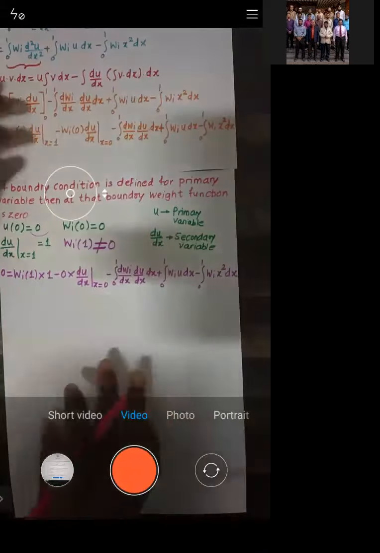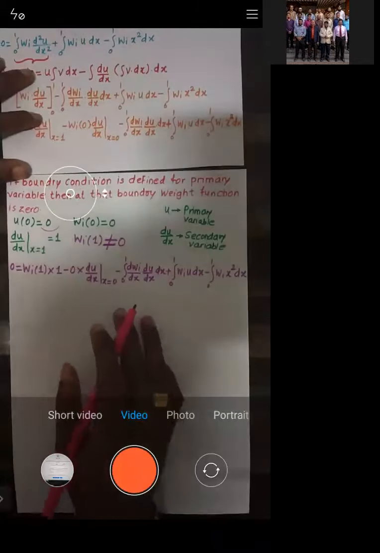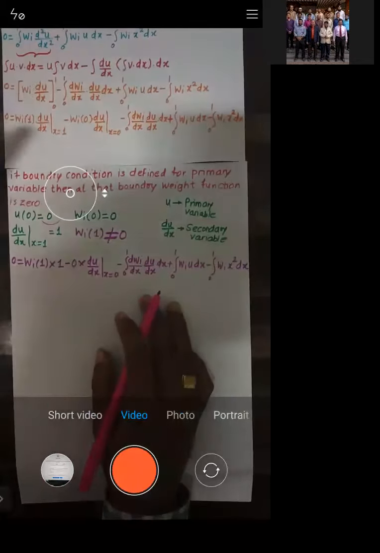Is it okay or not? I just put the values only, right?